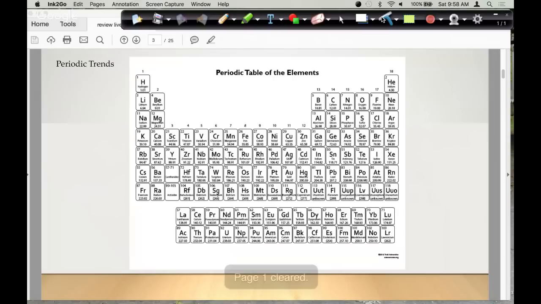So if I clear this off again, I want to talk a little bit about our trends. We have trends for electronegativity. Electronegativity, remember, is the pull on the electrons. The attraction that the nucleus has for the electrons, or the valence electrons in a bond with hydrogen, is like the exact definition.